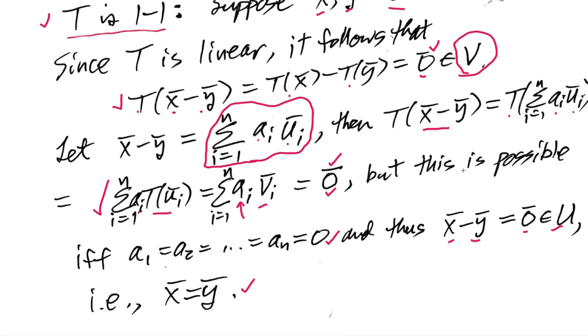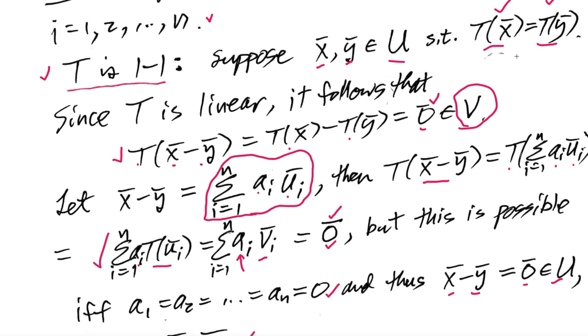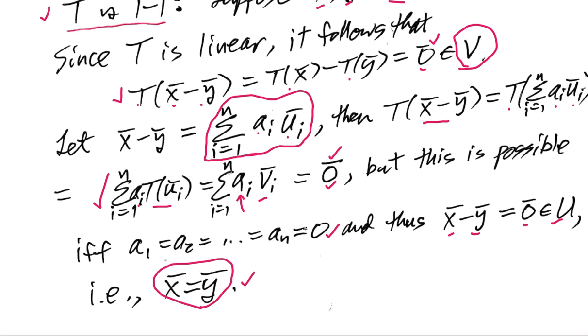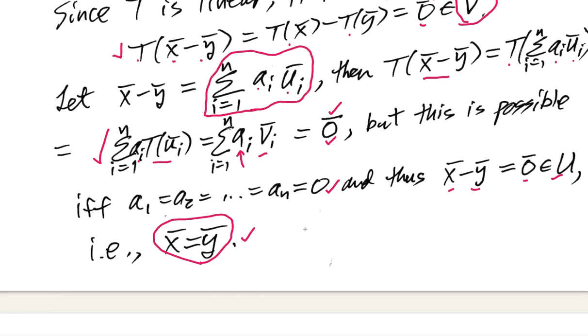So you can see that we have one-to-oneness. Ultimately, if the images are equal, T of x bar equals T of y bar, this implies that x bar and y bar have to be equal. That makes it 1-to-1.